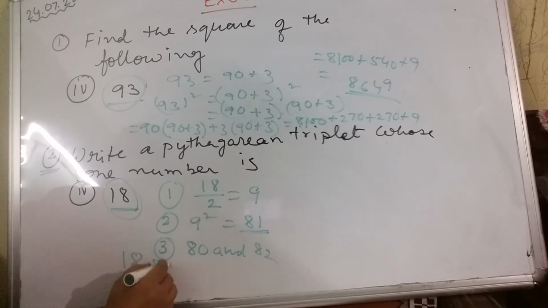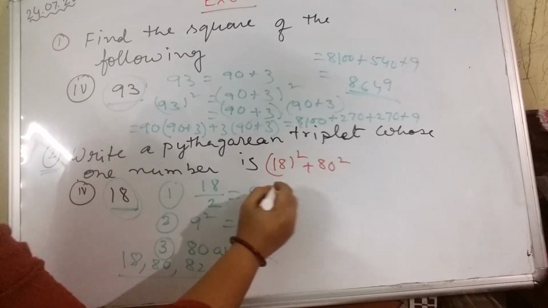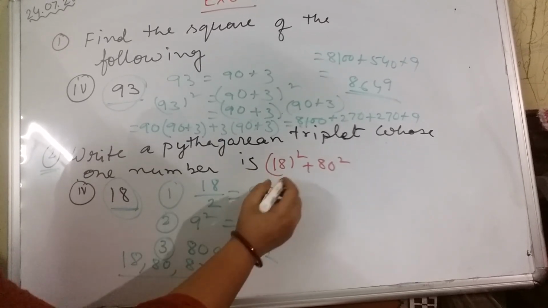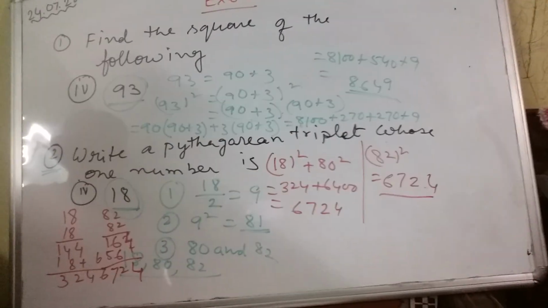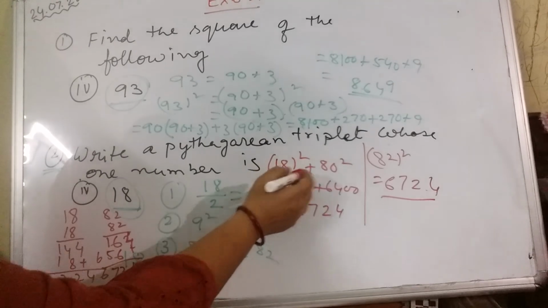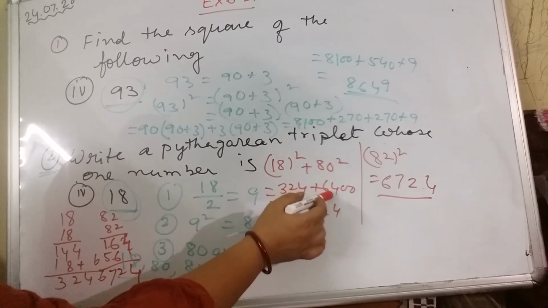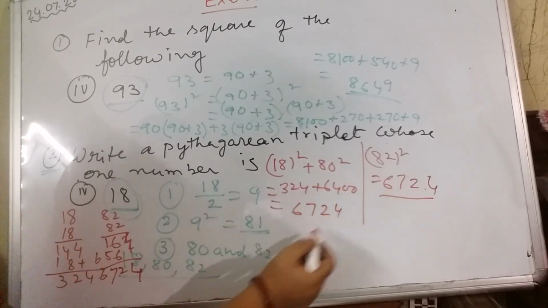So the Pythagorean triplet is 18, 80 and 82. Let's quickly check whether we are correct or not. So 18 square plus 80 square: 18 square is 324 and 80 square is 6400, so it will be 6724, and 82 square is 6724.